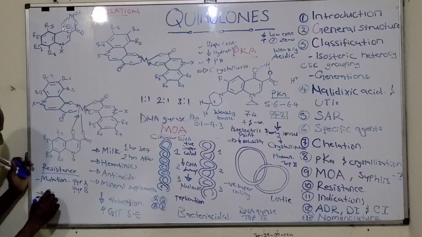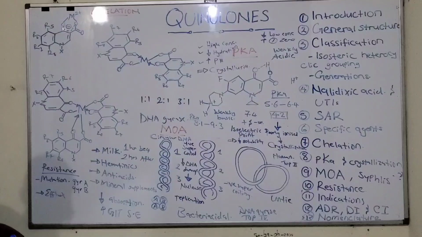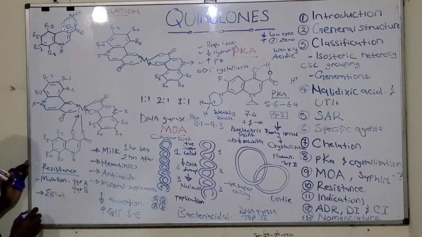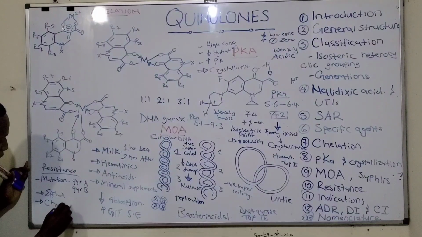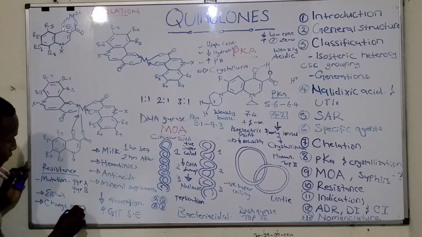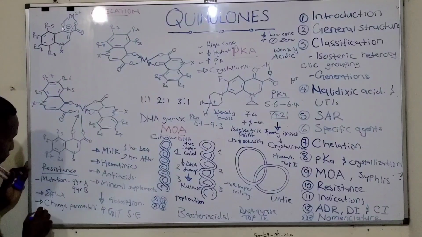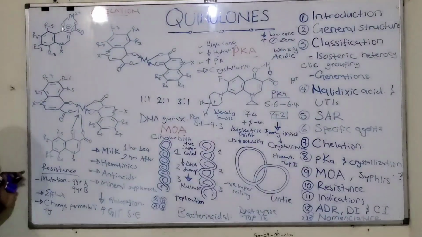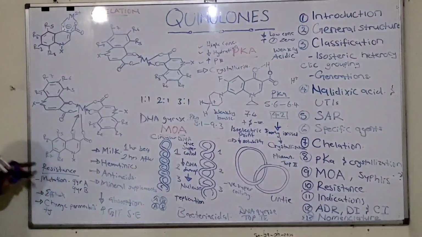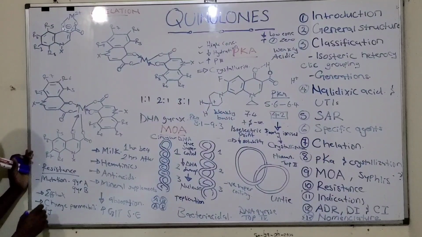Also, increased efflux of these drugs leads to resistance. Also, a change in permeability of the membrane leads to resistance, especially in gram negatives.